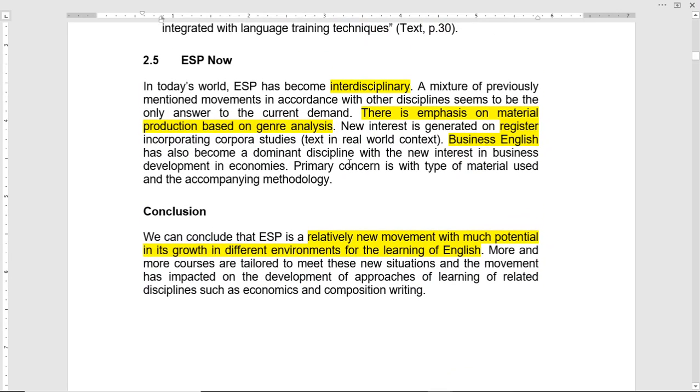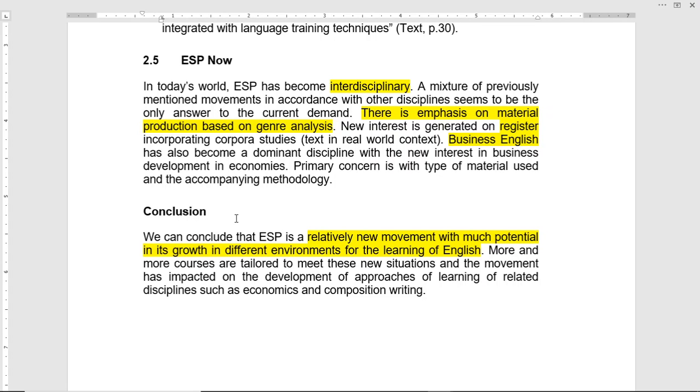Then English for specific purposes today. It is interdisciplinary. It brings content from different disciplines, bringing all the movements together with other disciplines. So there is the emphasis on material production based on genre analysis.